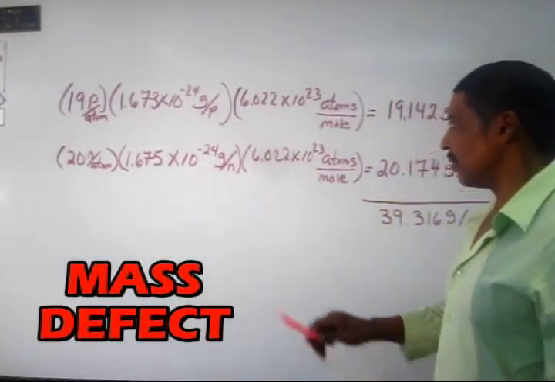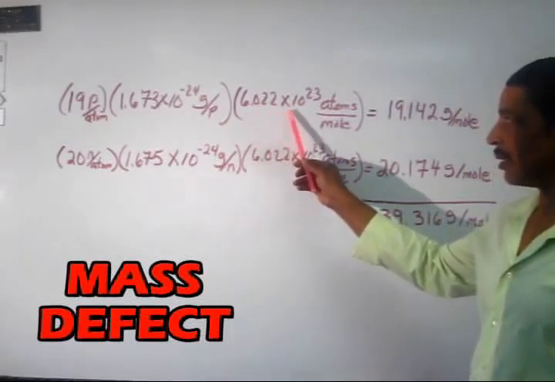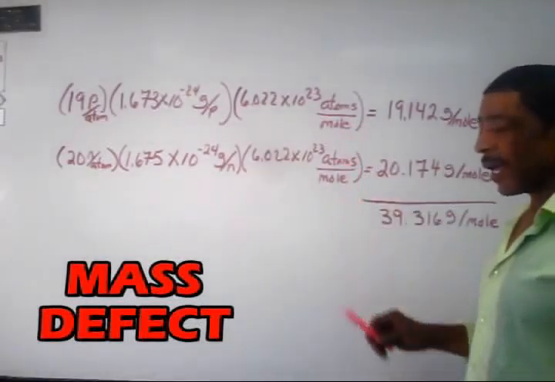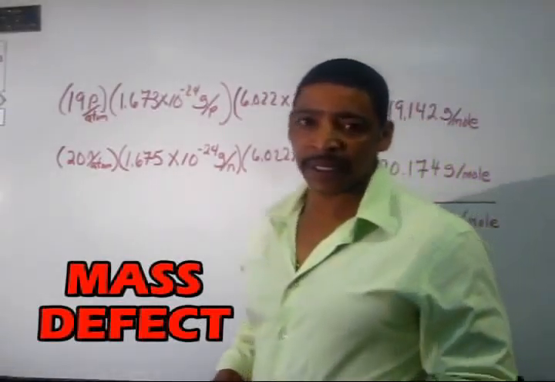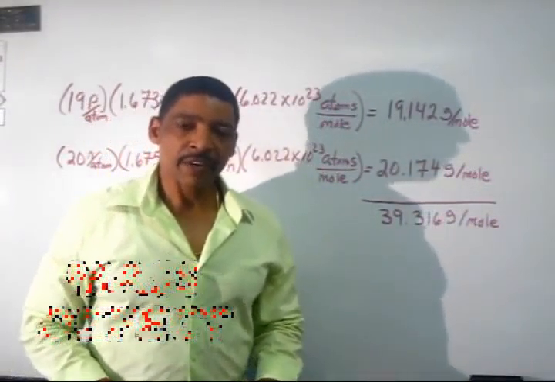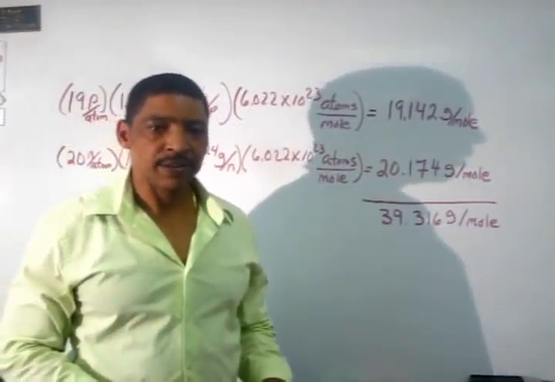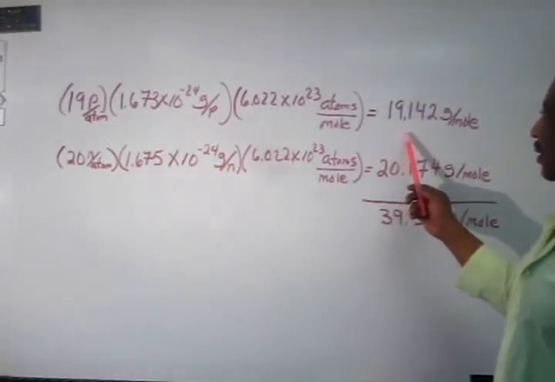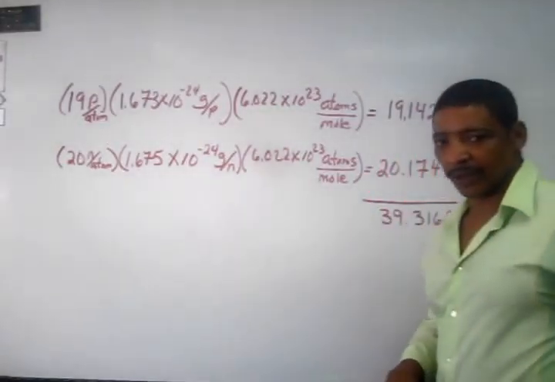Avogadro's number is 6.022 times 10 to the 23 atoms per mole. And after performing the calculations, the mass contribution from the protons should be 19.142 grams per mole.